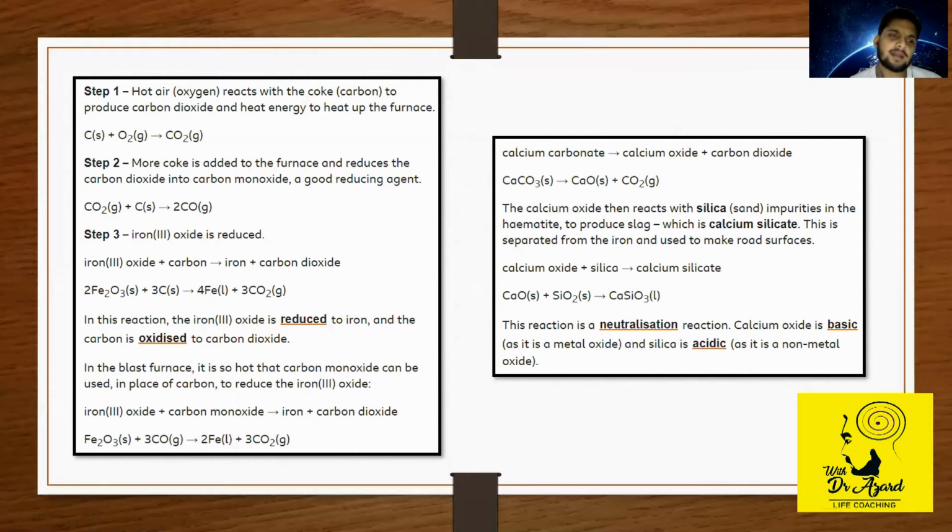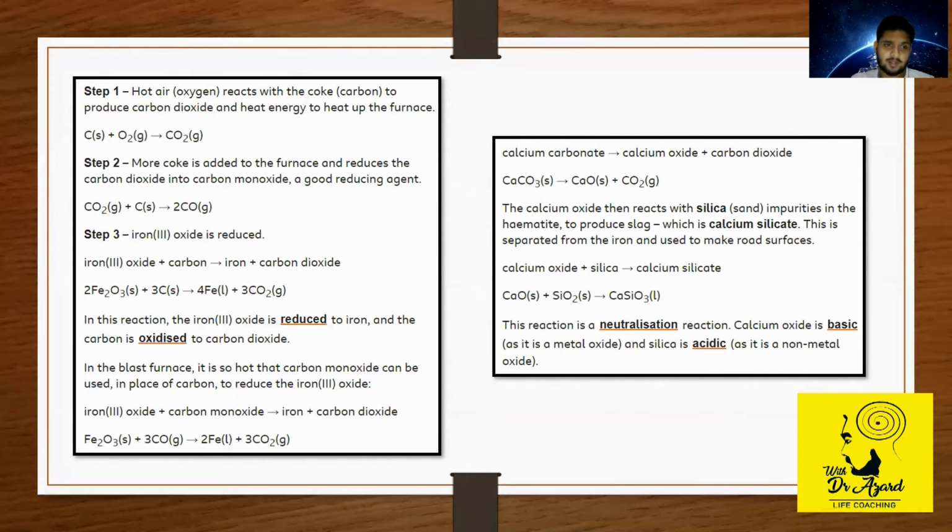Now you can see in that reaction, carbon and oxygen, when carbon dioxide is formed, it is an oxidation reaction, because carbon is getting oxidized, and it gets oxygen, right? So adding of oxygen or gain of oxygen is oxidation, right?